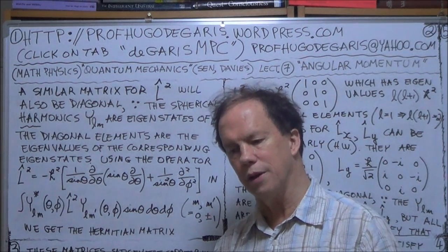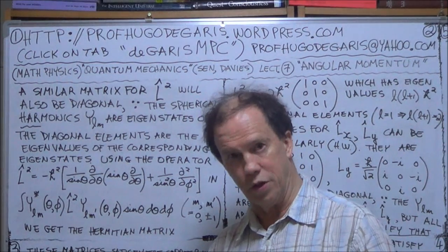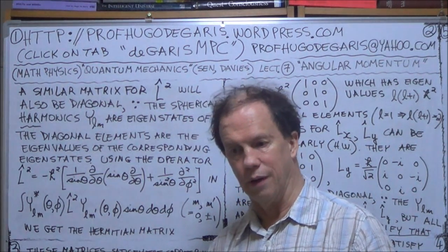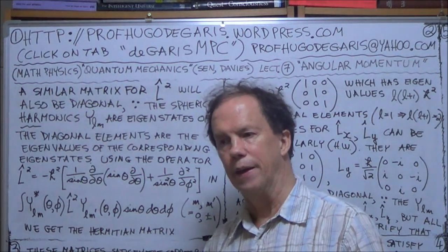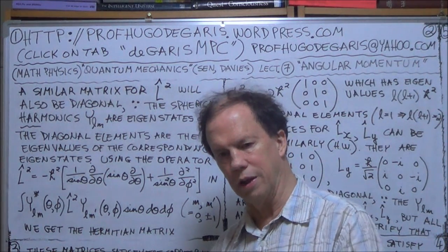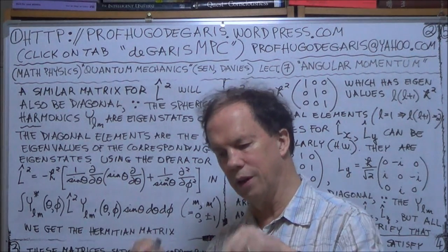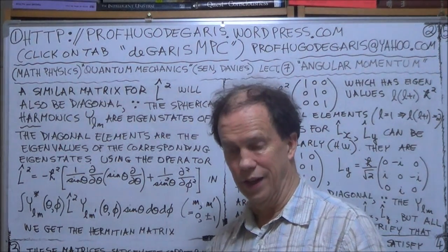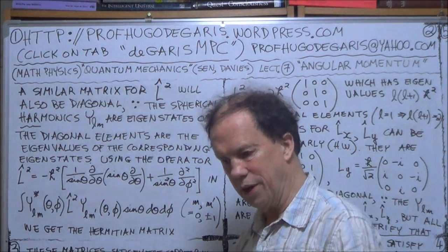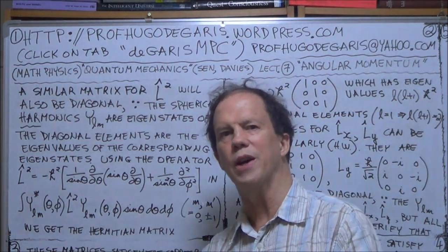For example, if you took a commutation relation between two operators, square brackets a hat comma b hat, then the result that you'd get would be the matrix equivalent if you did that commutation relation between the corresponding matrices. So the operators and the matrices behave in corresponding ways.